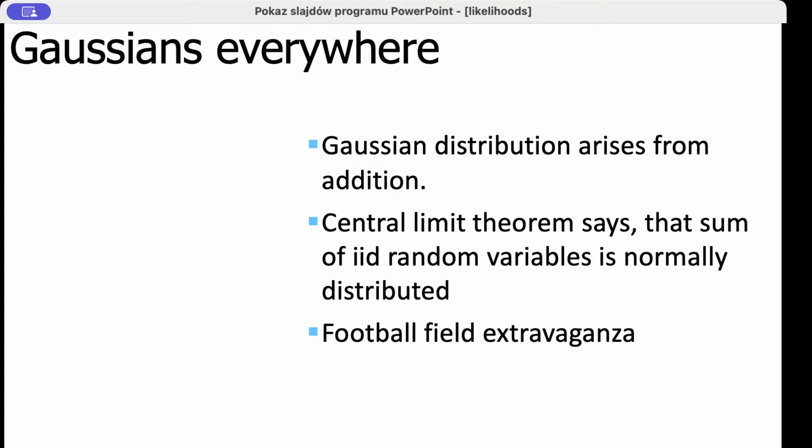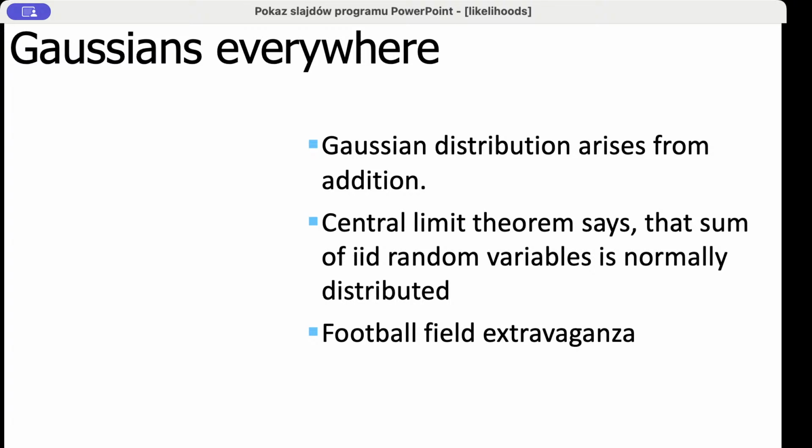The central limit theorem says that a sum of independently distributed random variables is a normally distributed one. It doesn't mean that it is exactly normally distributed, but as n approaches infinity, it tends to a normal, or Gaussian, distribution.